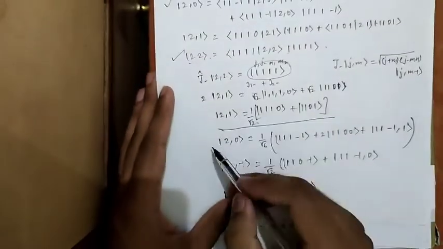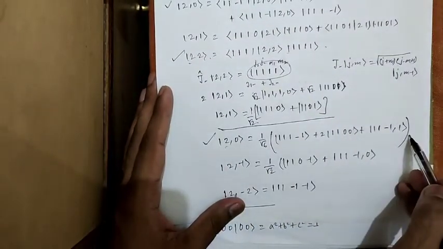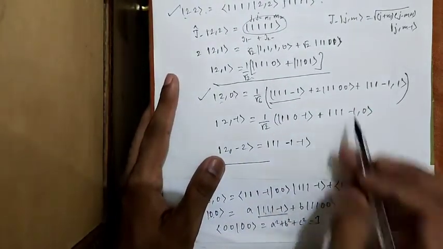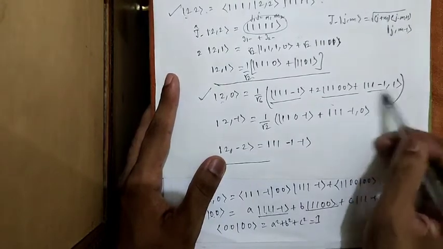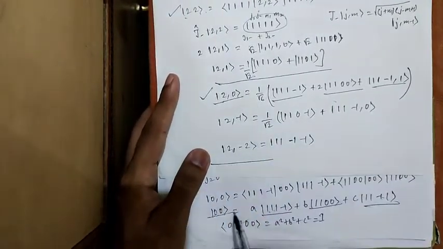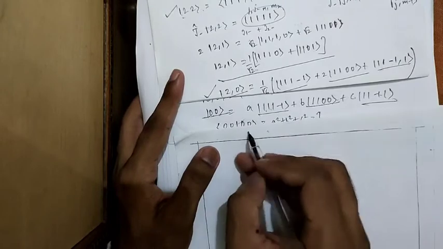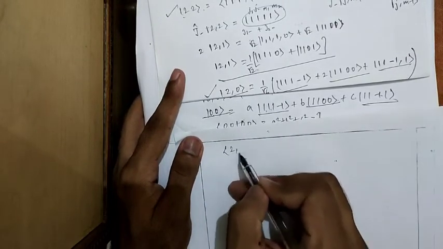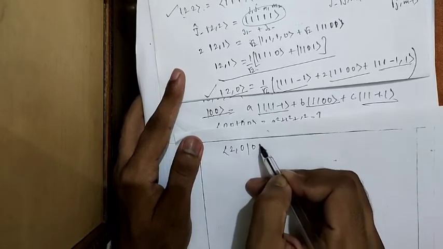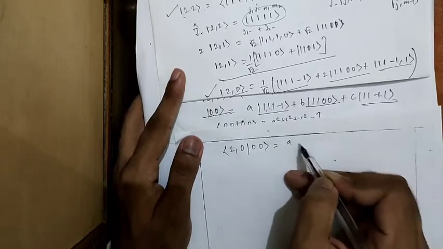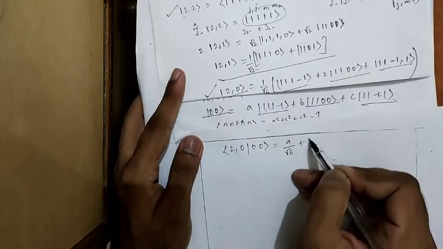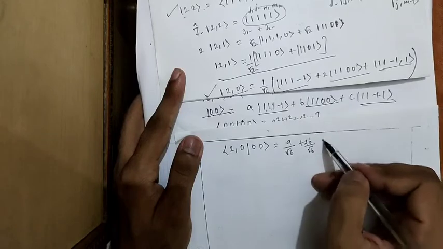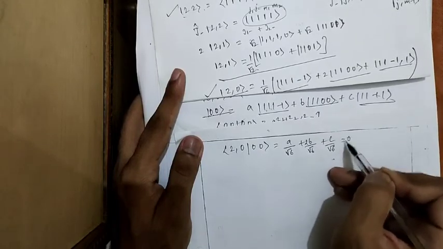So we have this 2 0 eigenket, which is clearly normalized with these components, but orthogonal to 2 0 and 0 0. So the orthogonalization for 2 0 and 0 0 gives us a by root 6 plus 2b by root 6 plus c by root 6 equals 0.